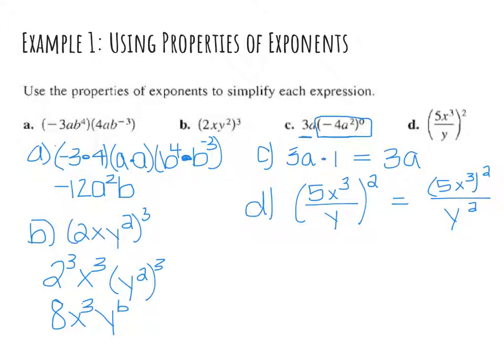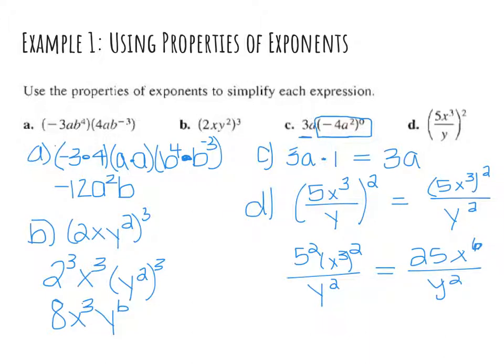Notice in our numerator, we need to take that exponent of 2 to the 5 and to the x cubed. So we'll have 5 squared times x cubed squared over y squared, which finally simplifies to 25x to the sixth power over y squared.